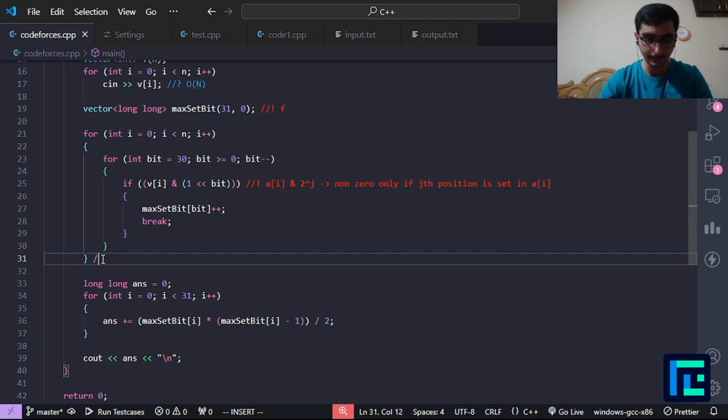So as I said, this part is O(n), or you can also write it as O(n log of maximum of A[i]), as you wish.